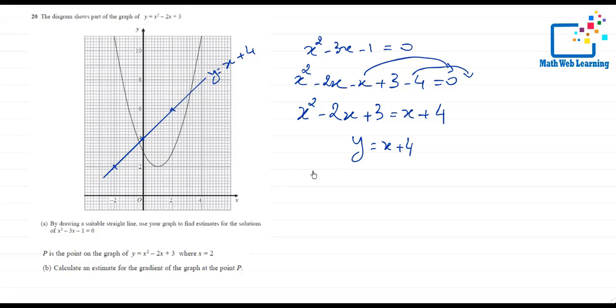And I did x equals minus 2 to give me y equals 2. You get the 3 coordinates or 3 crosses, and you join them with a straight line. Make sure that your straight line crosses the curve, because the solutions to this quadratic equation are going to be this one here.